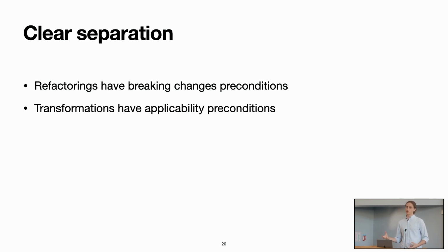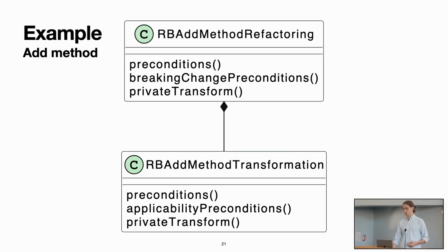So transformations have applicability preconditions, and then refactorings have breaking change preconditions. So what we did is to make refactorings a decorator of transformations. Transformations are the ones that check if it makes sense to do something and that actually perform the transformation. And refactoring decorates them and ensures that you don't break the image.